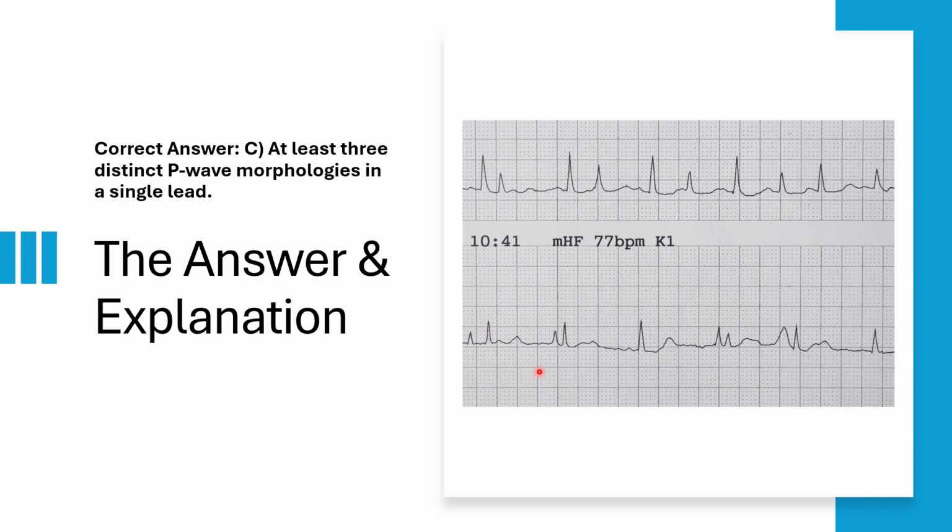You can see three different P-wave morphologies here. For example, this is one type of P wave, another type of P wave looking different, P waves here also looking different, and another distinct type of P wave here also. So this is what multifocal atrial tachycardia looks like.